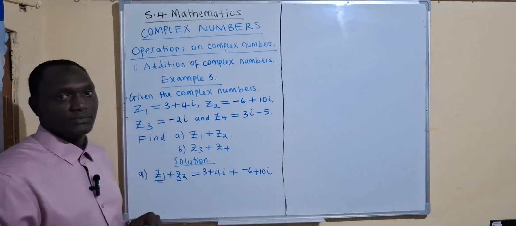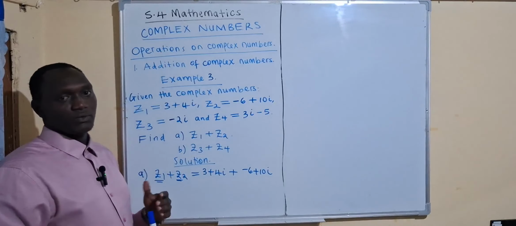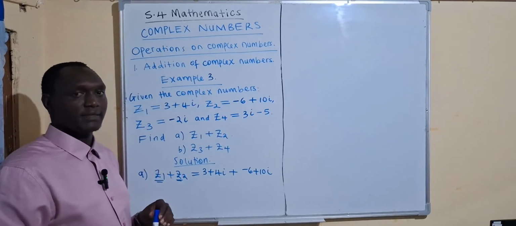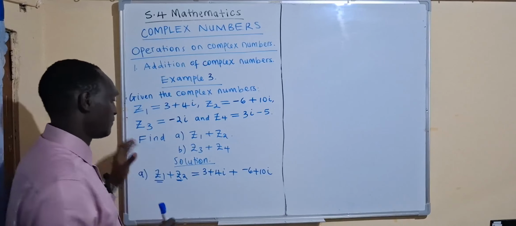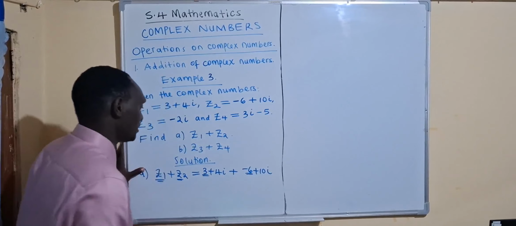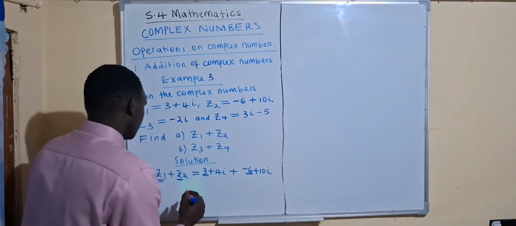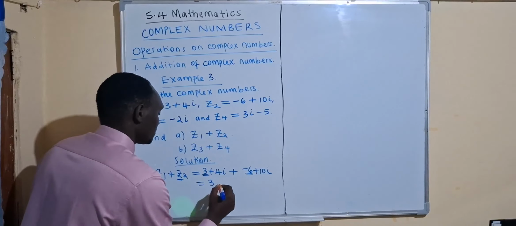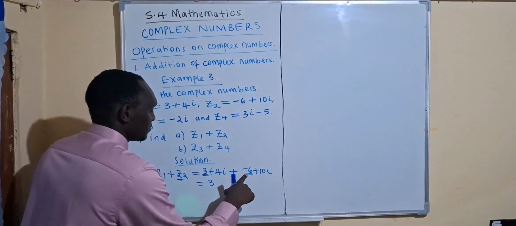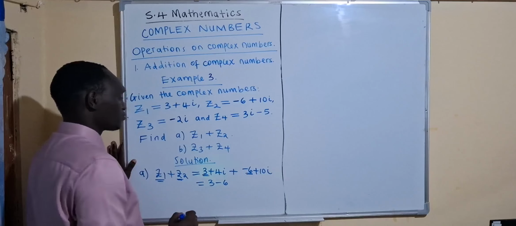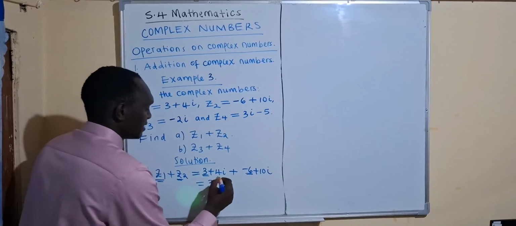And as usual, we group the real parts together and the imaginary parts together. So 3 and negative 6 are the real parts of the two complex numbers z1 and z2. So we shall have here 3 is positive, take 6 with its sign, minus 6, and then we go to the imaginary parts.